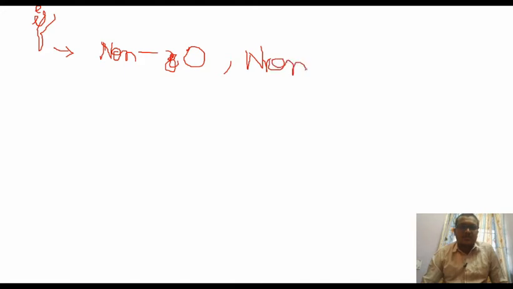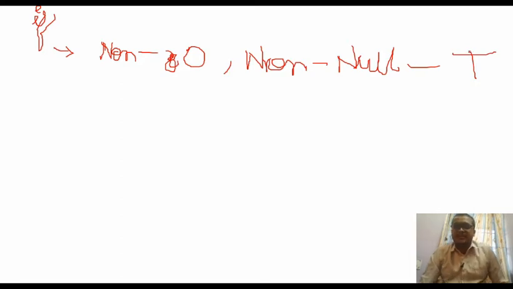The first form is: in the condition, if the number is non-zero or non-null value, it is going to be considered as a true condition.